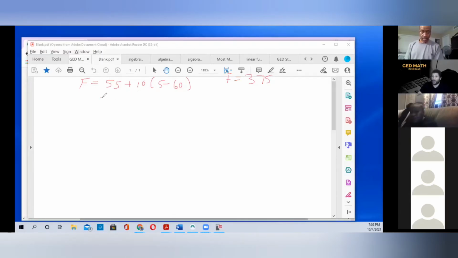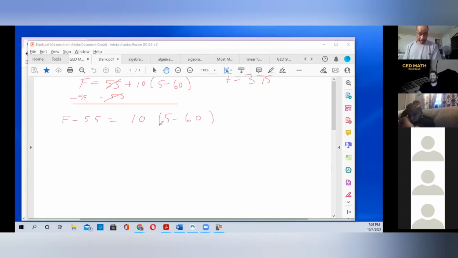So the first thing we're going to do is subtract 55. Whatever we do to one side, we're going to do the other. Now, these are not like terms. So we're going to have F minus 55 is equal to, these 55s will cancel, 10 times S minus 60.